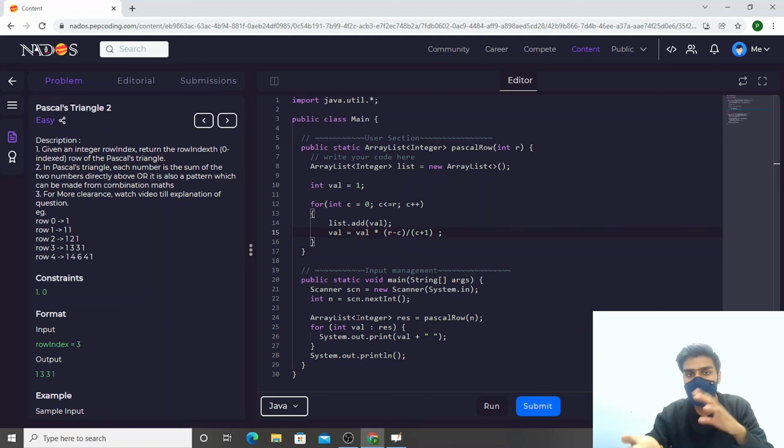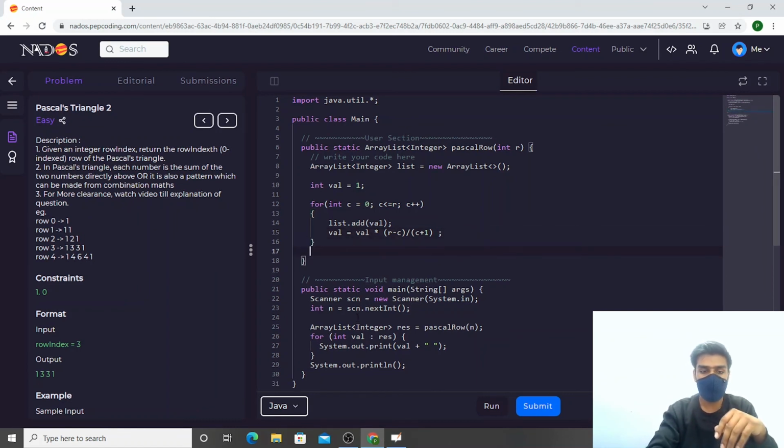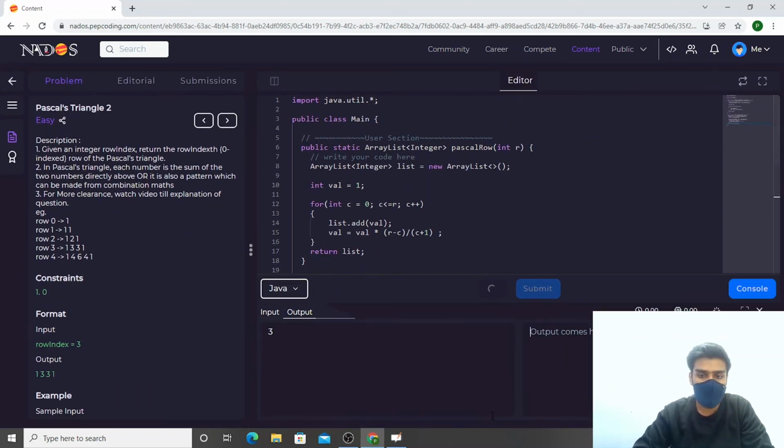When it is multiplied by our old value, we get the new value, the new nCr plus 1. So this was the code itself, and now we have to return this ArrayList in our main function so that it will print it. So let's run this code and see if it works or not.